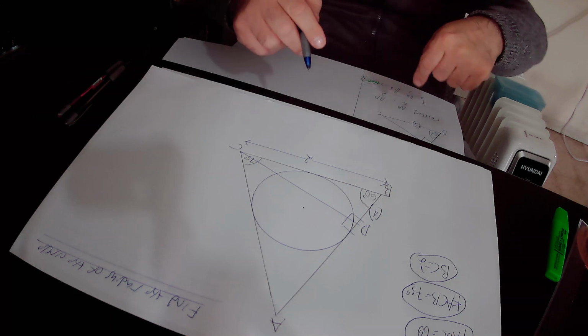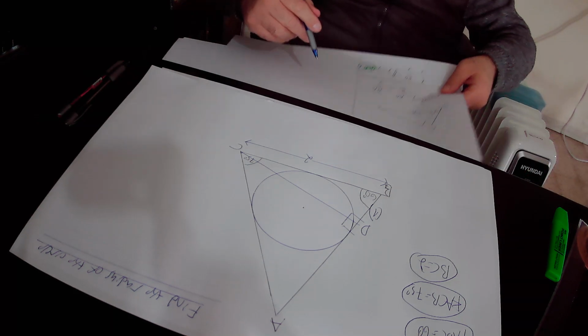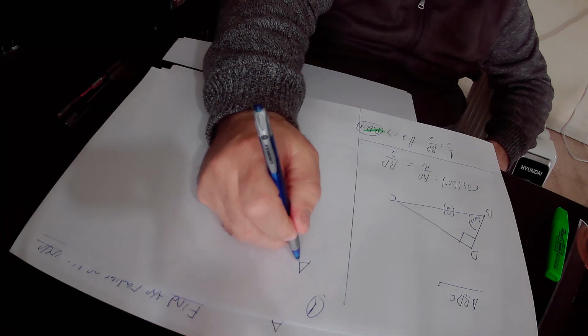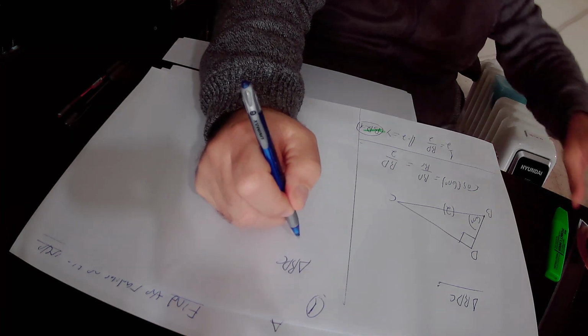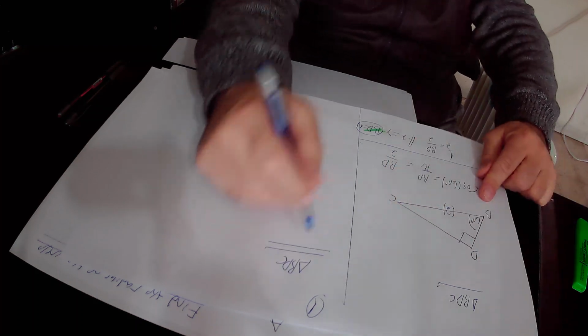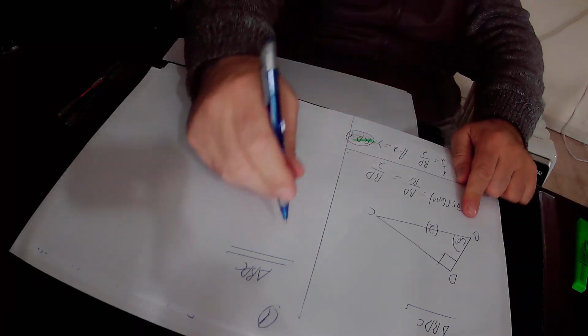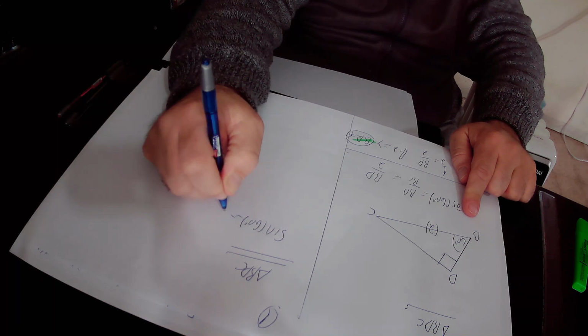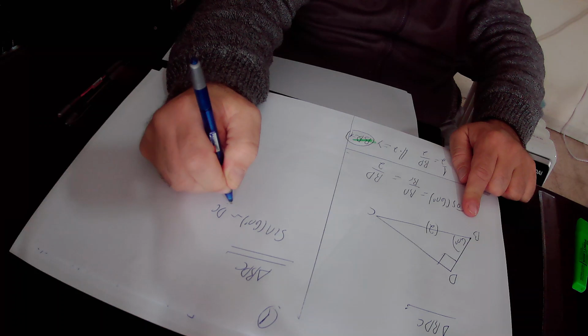We continue to focus on the right triangle BDC. In the right triangle BDC, sine 60 degrees equals DC over BC.